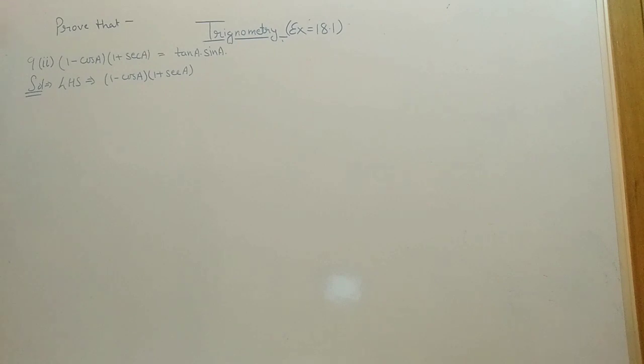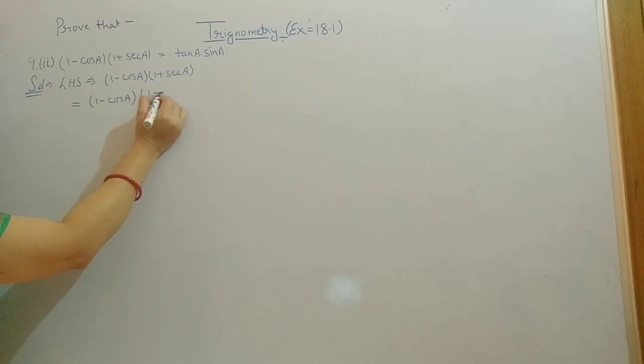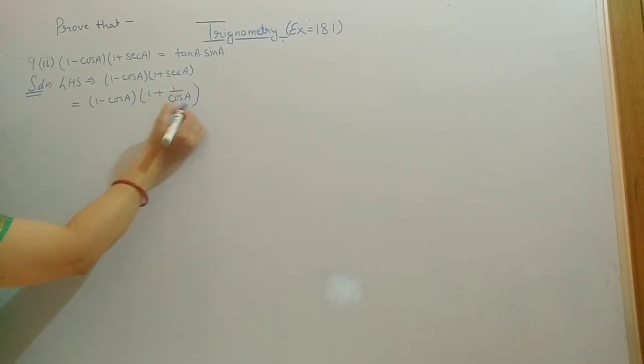Next, 9th second part, 1 minus cos a, 1 plus sec a is equal to tan a sin a. So we have taken the left side, the first bracket we will keep as it is, 1 minus cos a. In the second bracket, this sec a we can change. We can write in place of sec a, 1 by cos a.